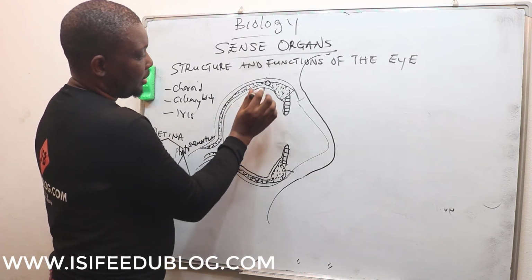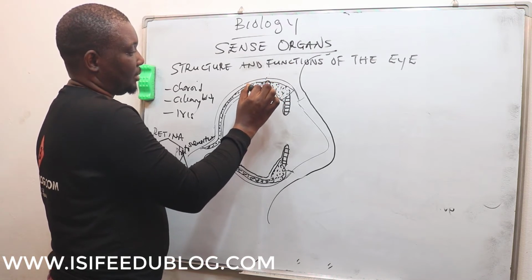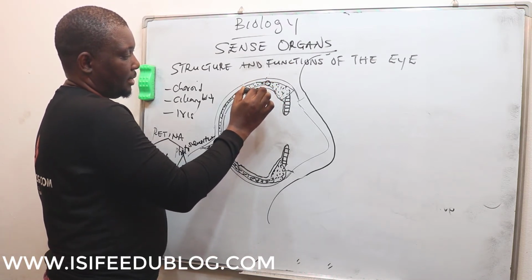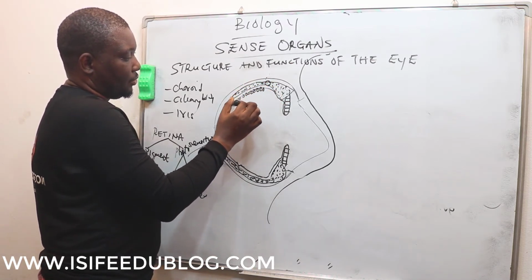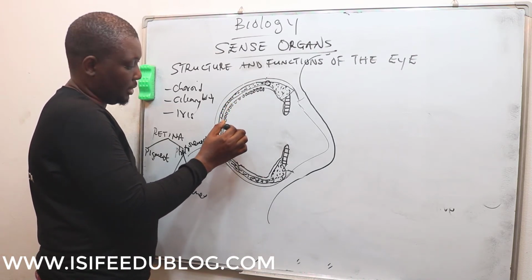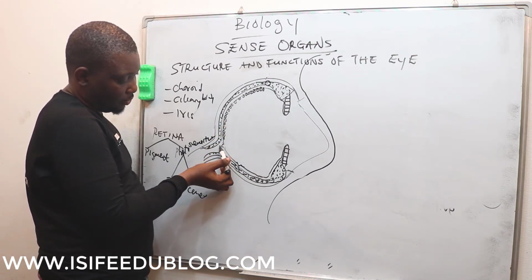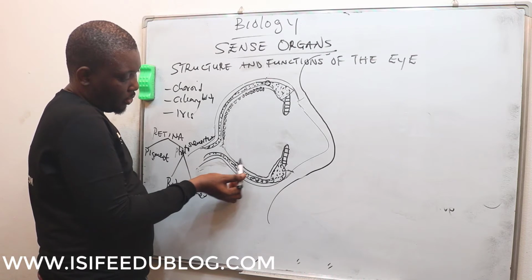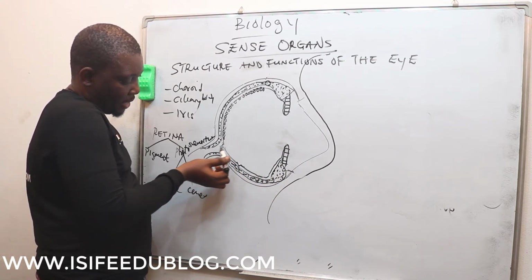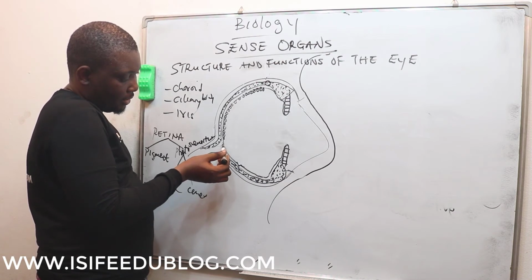So from here, the rods and cones, which are the photosensitive cells, begin. Look at where they are, and they continue, and to some extent, you can see they don't appear in this particular part where impulses are leaving the eye. This is called the blind spot. So there are no rods and cones here. So here it's not sensitive to light.